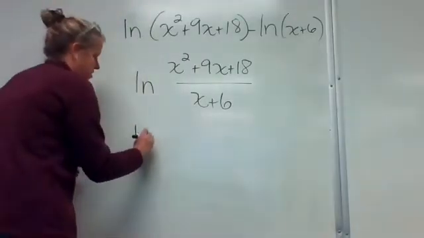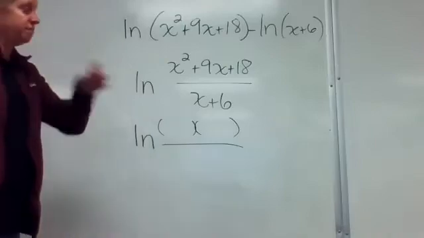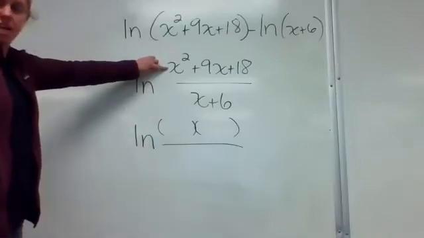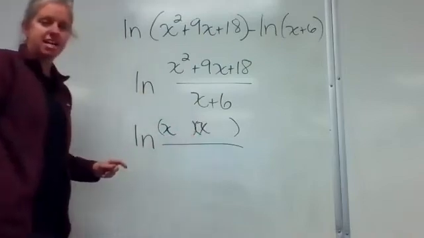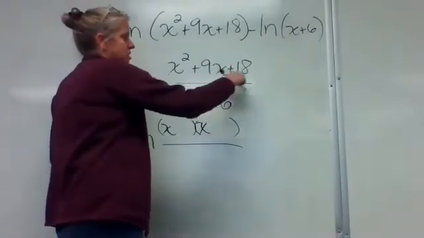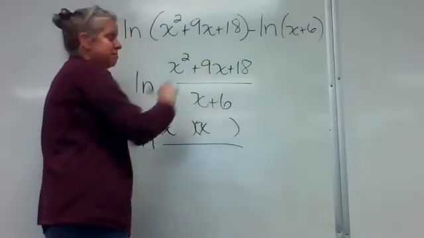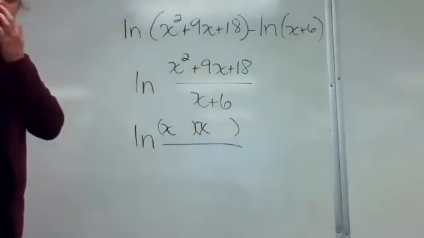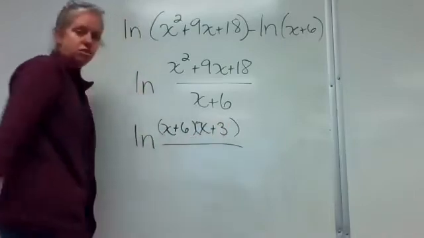So let's look at what the top would be in its factored form. The first thing I need is this times this to get x squared. So it'll be x times x. The other numbers that multiply to equal 18 at the same time adding to 9. So that would be a positive 6 and a positive 3.